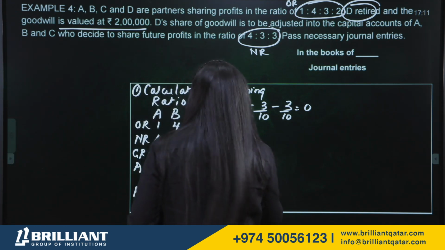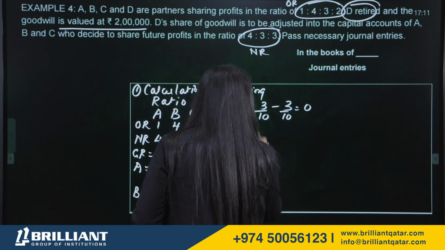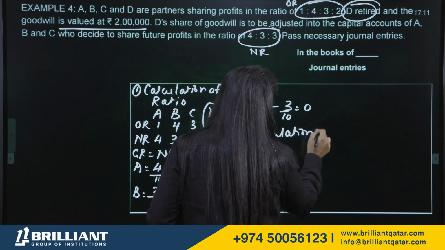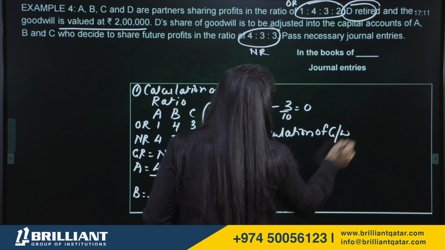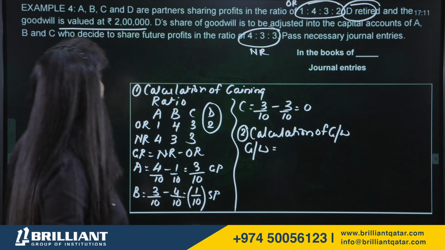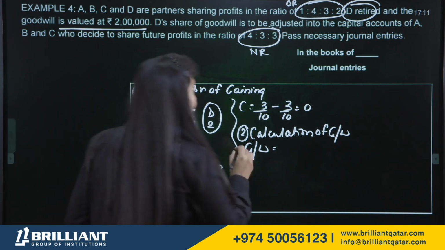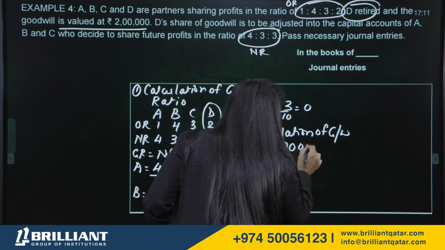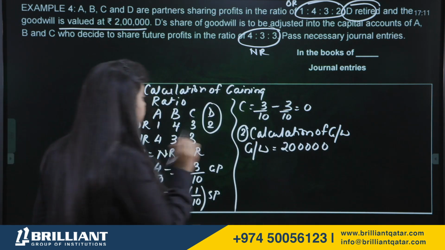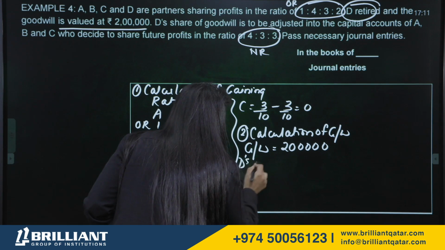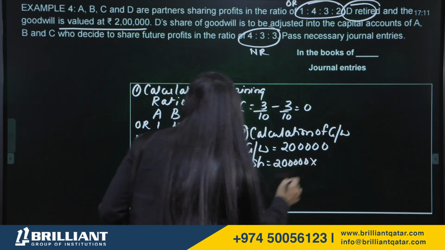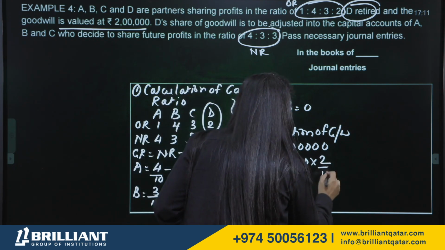So now the second step is calculation of goodwill. What is the goodwill of the firm? The goodwill of the firm is given as 2 lakh. So from that 2 lakh, you have to find out the retiring partner's share, that is D. So D's share is equal to 2 lakh into 2/10.